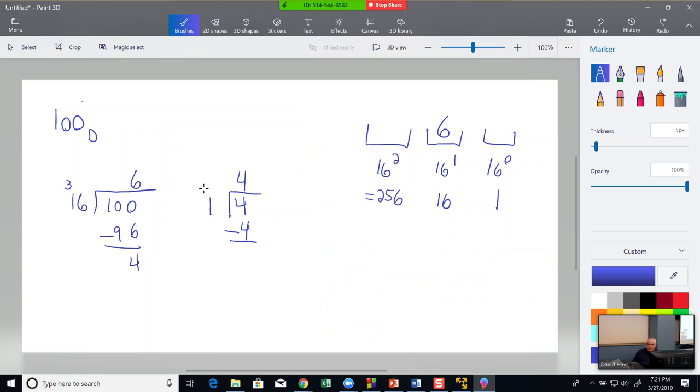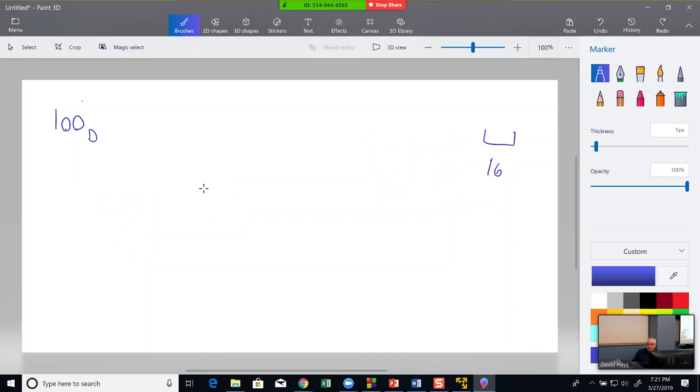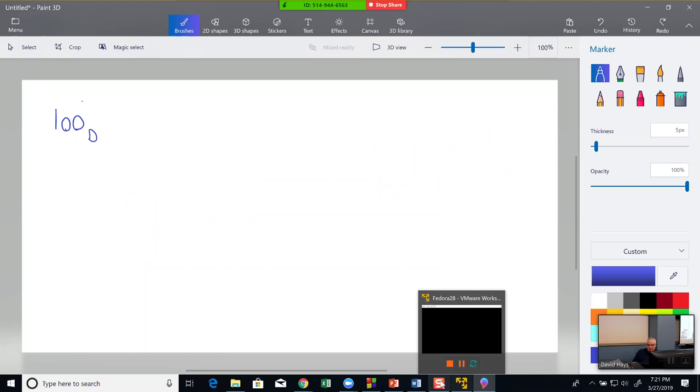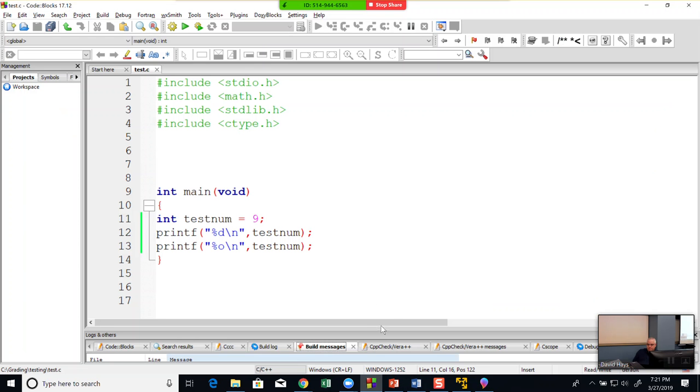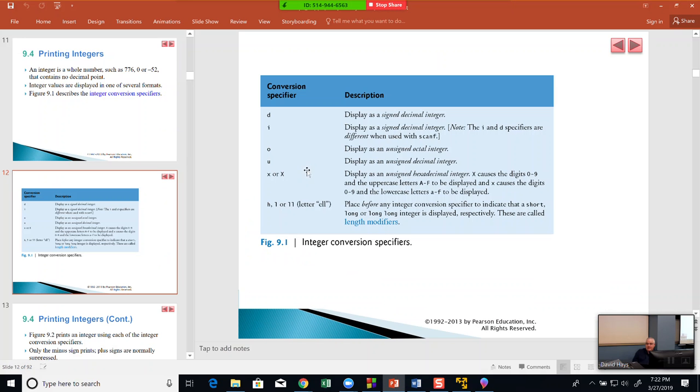Unfortunately, I didn't keep track of what I wrote down. But let's change it to 100. And so I come over here, I'll change this to 100. And let me look up the format specifier for hex. I'm guessing %H, but let's go see what it says. Hex.